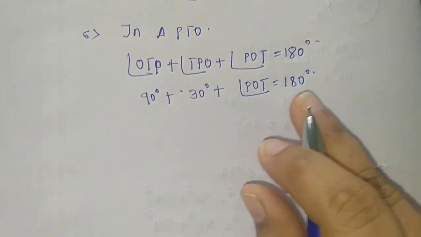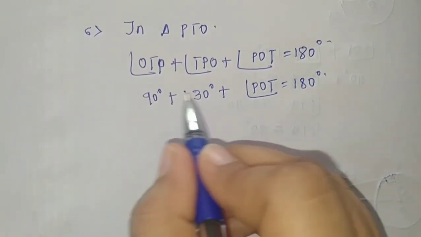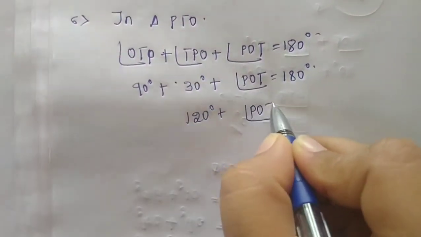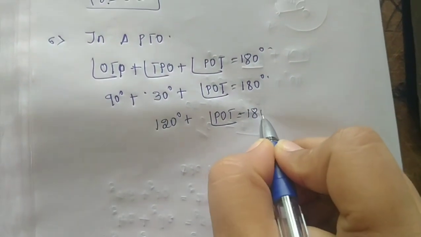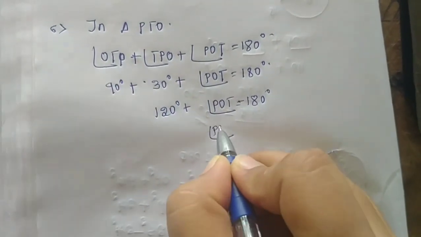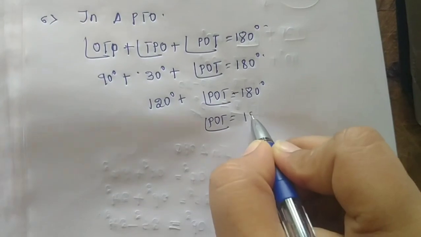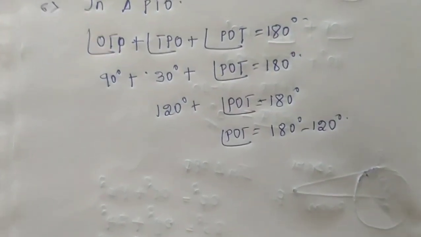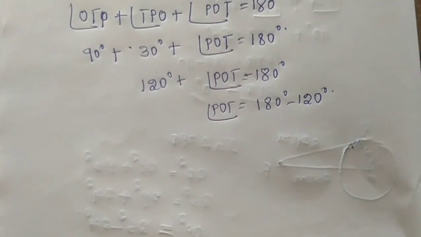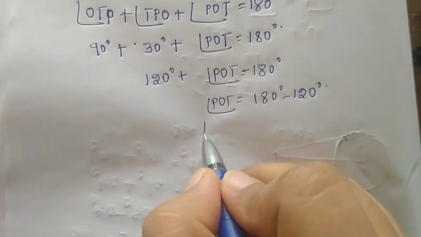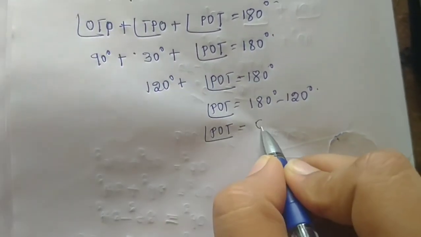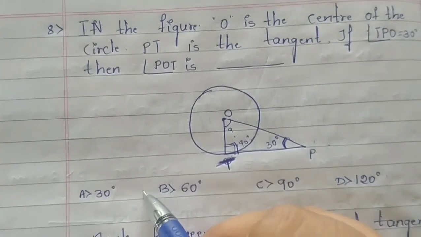So 90 plus 30 is 120, plus angle POT will be equal to 180 degree. So angle POT will be equal to 180 degree minus 120 degree. The value of POT is 60 degree. So here the correct option is option B.